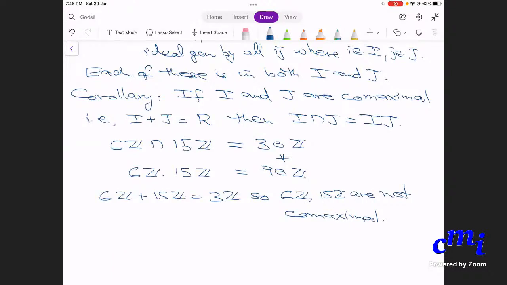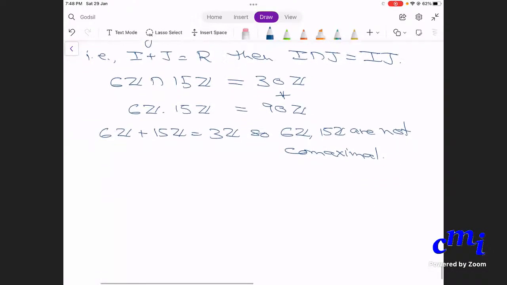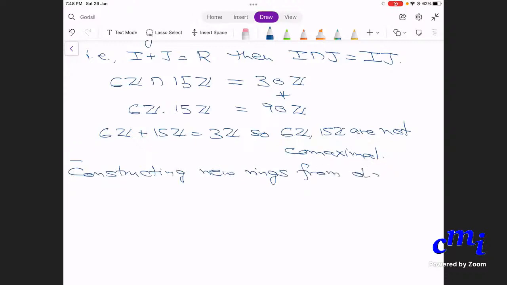Okay. So the next thing I need in order to do the Chinese remainder theorem is operations on rings, constructing new rings from old.